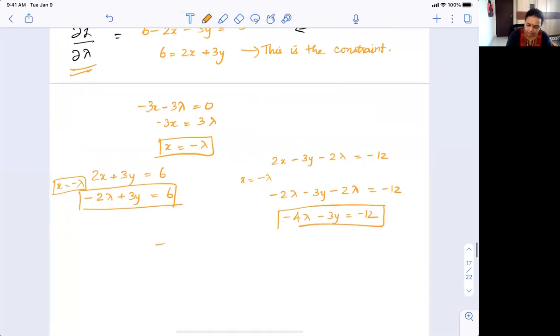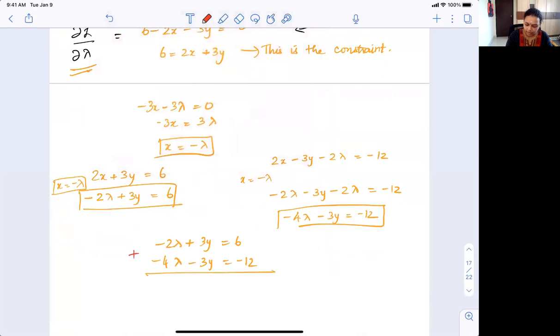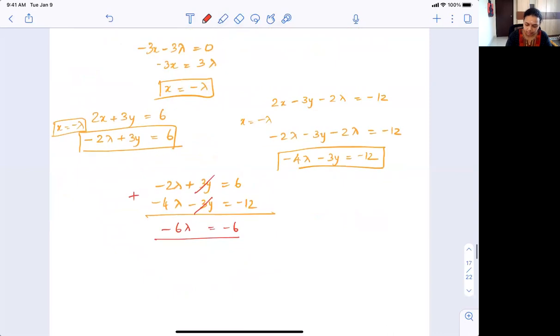So I have minus 2λ plus 3y is 6, and minus 4λ minus 3y is minus 12. If I add these 2 equations, 3y and minus 3y cancel out, and I'm left with minus 6λ equals minus 6. Therefore, λ is equal to 1. When λ is 1, x is equal to minus λ, therefore x is equal to minus 1.